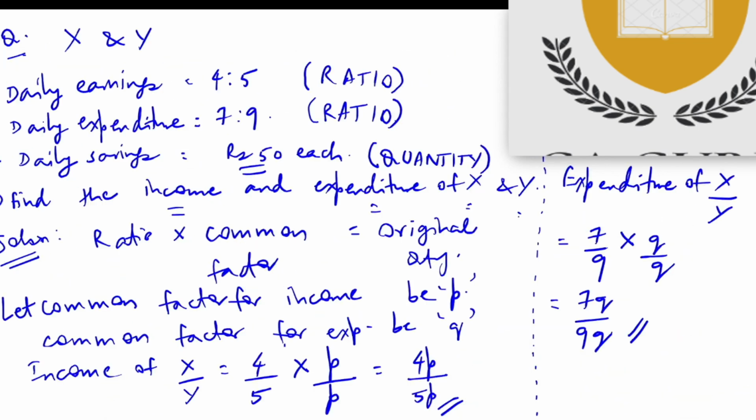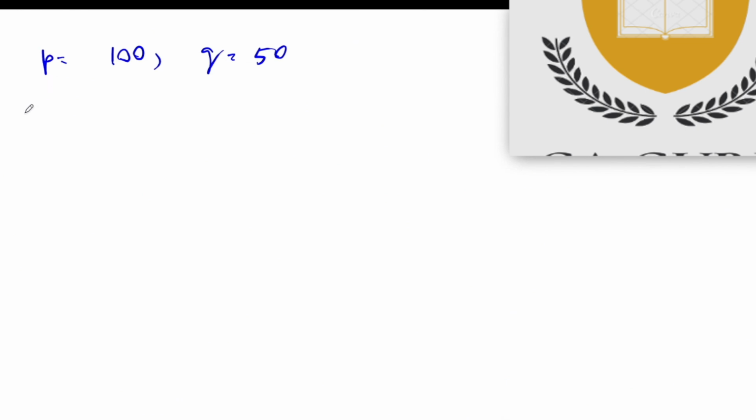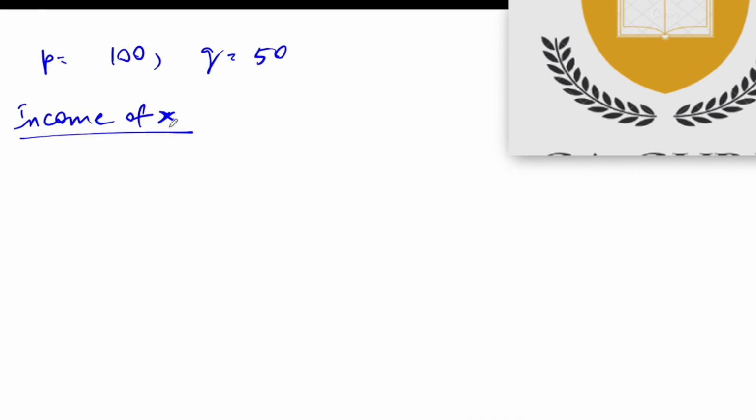Now what have they asked in the question? They have asked us to find the income and expenditure of X and Y. Income of X is equal to 4P, which is 4 into 100, which is 400 rupees.